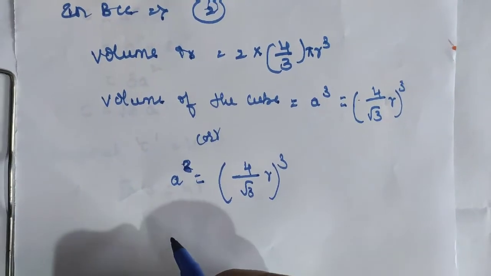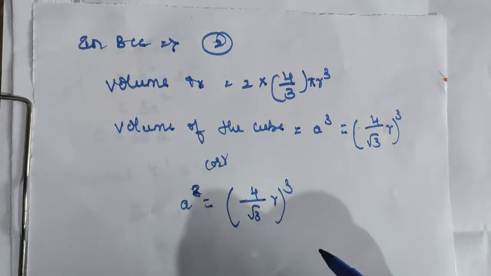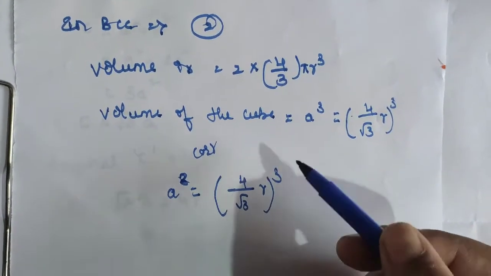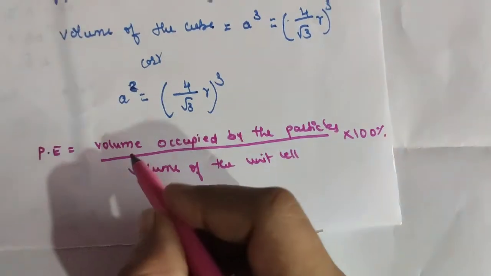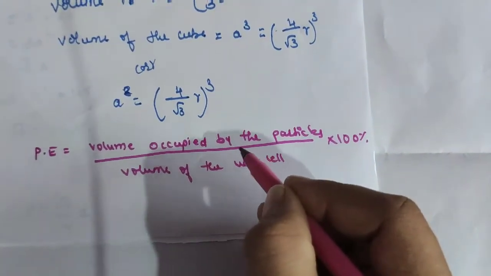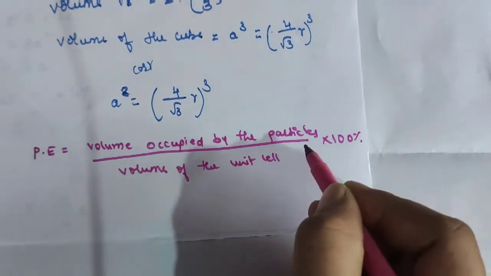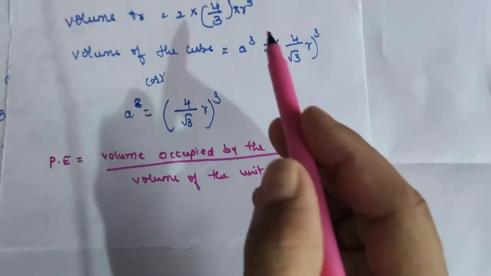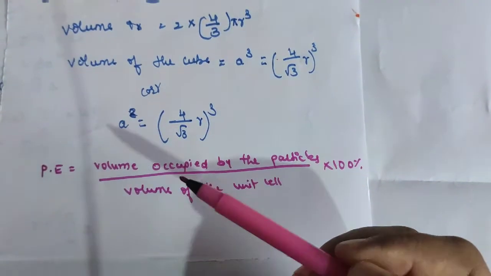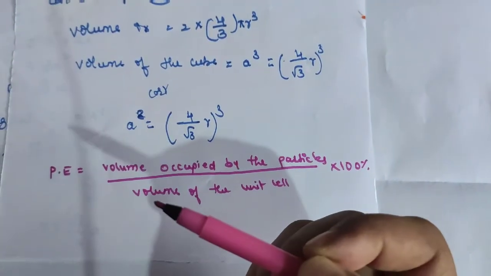Now on the basis of all these values, you can substitute into the formula of packing efficiency. This is the packing efficiency formula: volume occupied by the particles by volume of the unit cell into 100%. Now you can substitute all these values into this formula and see what answer we will get.